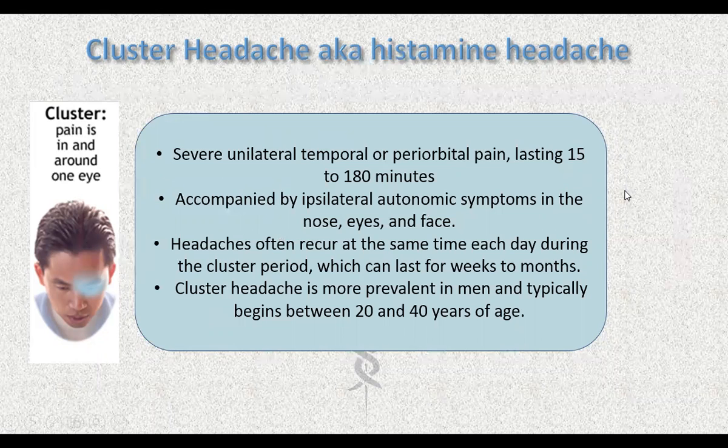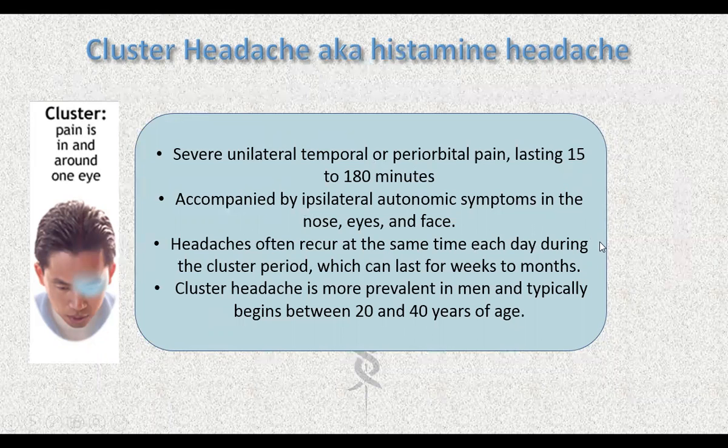The pain is very severe and typically lasts between 15 minutes and up to maybe about 3 hours. They have another feature, which is they're commonly associated with autonomic symptoms, like nose running, eye running, things like that, specifically on the ipsilateral side.